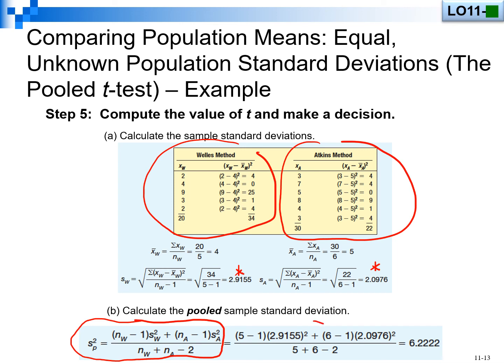And of course, you can see here's the calculations. You're using both of these. Here's the 2.91, there's the 2.02. You plug it in, there's your two sample sizes, and here's going to be the result of this pooled number. So this pooled number is what you're going to be using in your test statistic calculation.